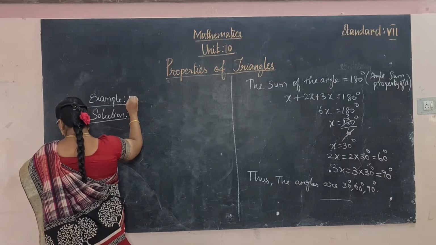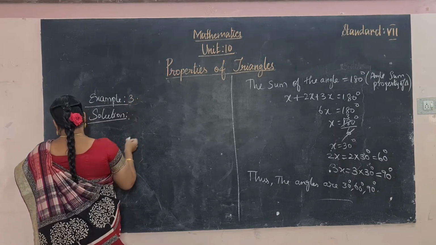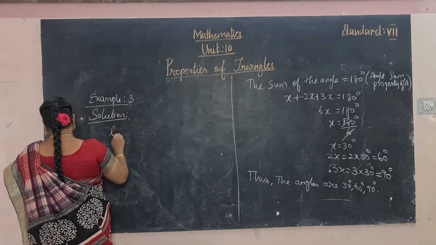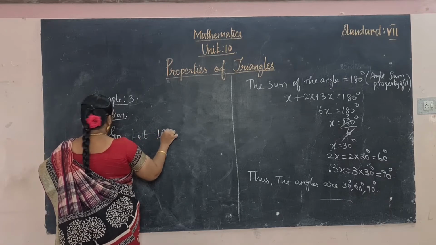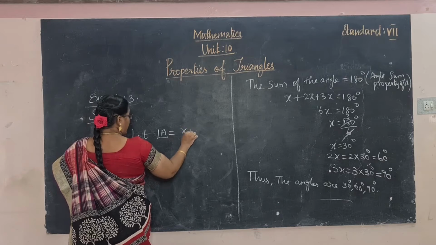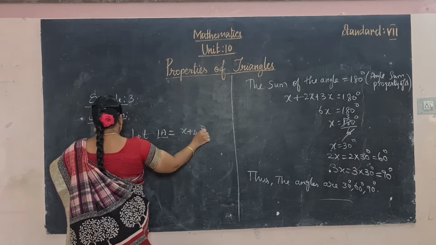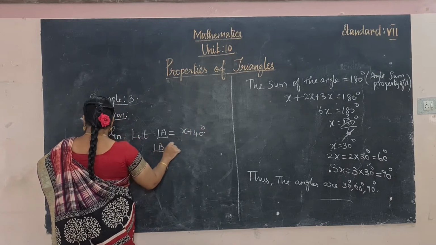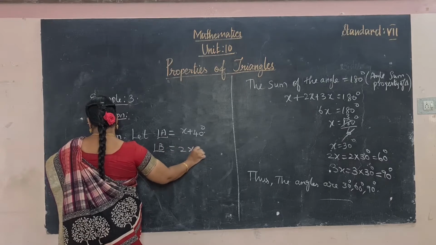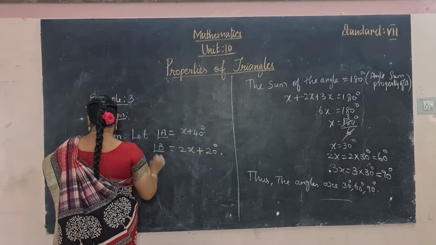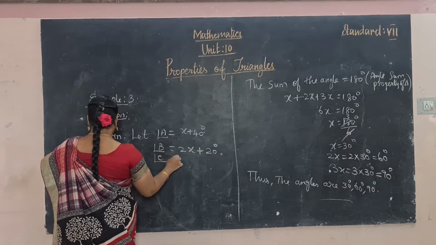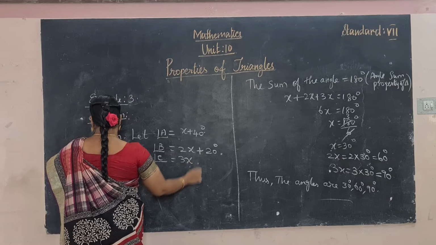So example 3. What data are given? Let angle A equal x plus 40 degrees, angle B equal 2x plus 20 degrees and C equal 3x.